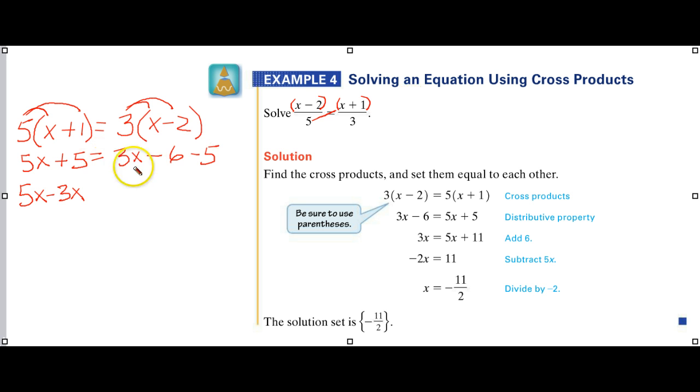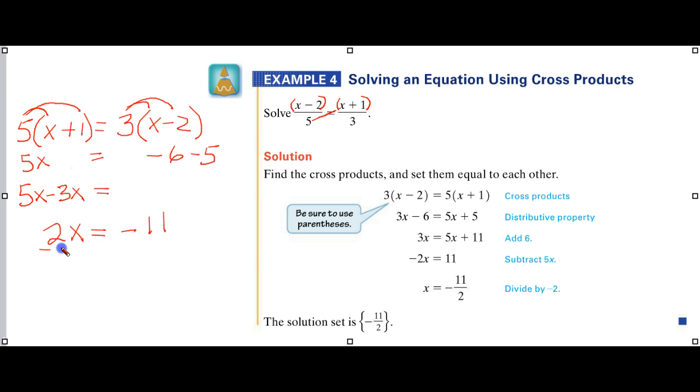So to keep this a little clear, let's just get rid of what we've moved from one side of the equation to the other. And the basic rule we're following is we want all the x's on one side and all the numbers on the other. So on this side this becomes 2x, and on this side it becomes a negative 11. So we're giving you a quick review of solving equations.